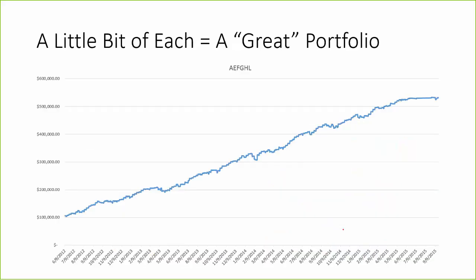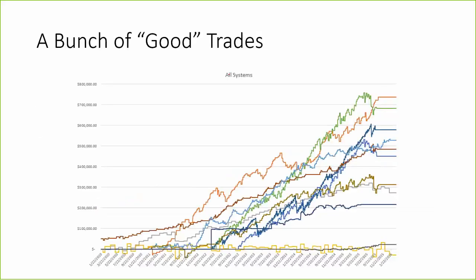So here is, if you take a bunch of good trades that each equity curve is positive, has a positive drift to it, and does well, but I would call it not attractive. I think each of these is pretty volatile, not very amazing.